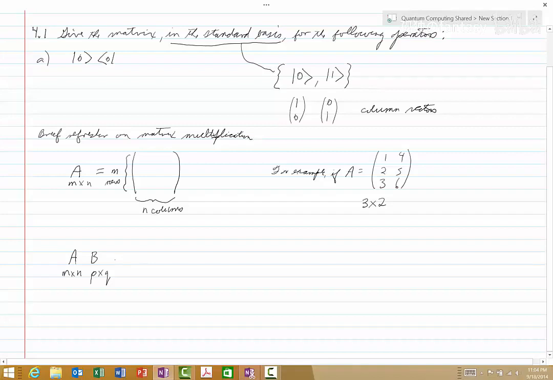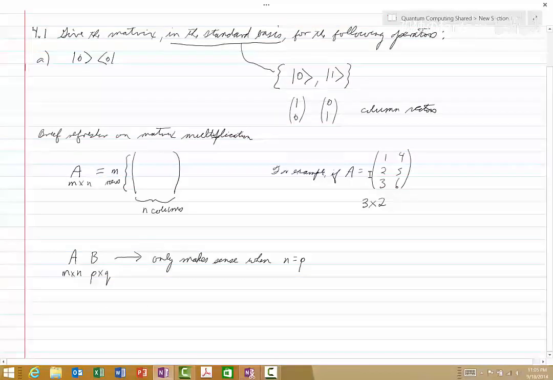First of all, we can say this only makes sense when N is equal to P. If the second dimension of the first matrix is not equal to the first dimension of the second matrix, this multiplication does not even make sense, and therefore we wouldn't write down this symbol.